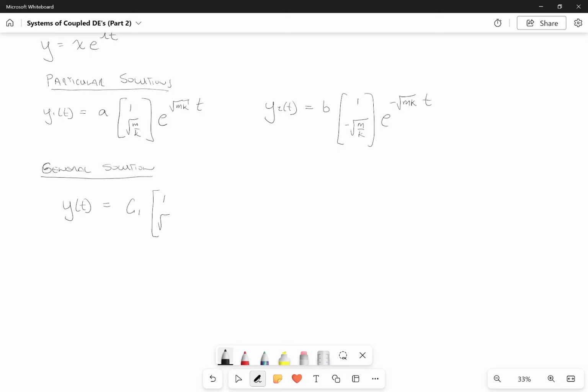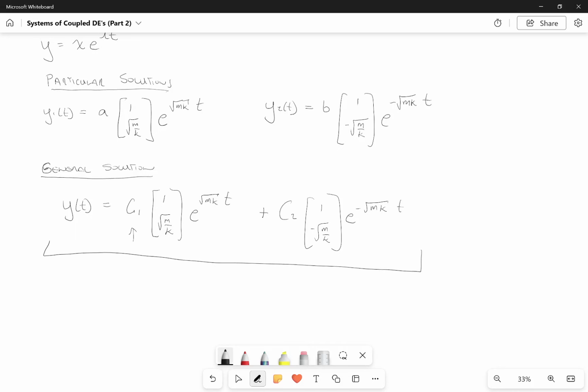So it's 1, square root m over k, e to the square root mk times t, plus c2, 1, negative square root m over k, e to the negative square root mk times t. So this is the general solution. And if we had initial conditions, we could solve for C1 and C2, but I never gave any initial conditions for what was the starting number of nuclear weapons.